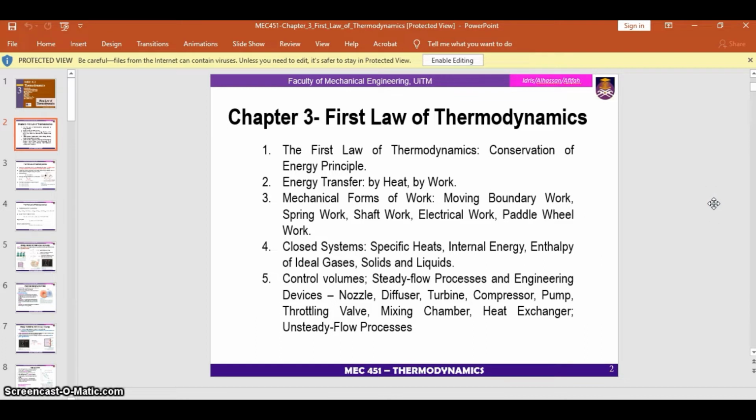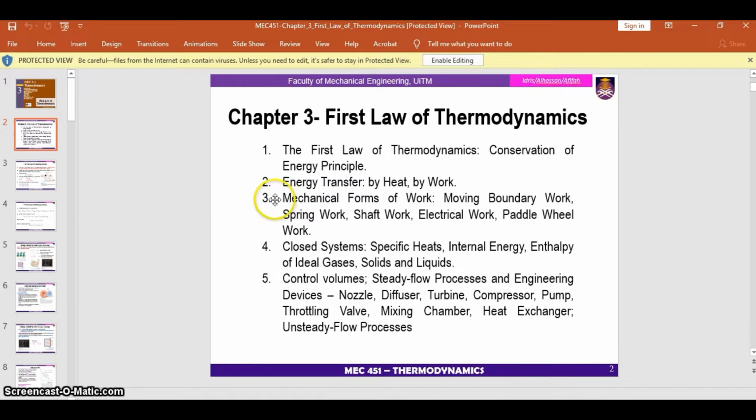What you have all learned is chapter 1 and chapter number 2. Based on chapter number 1, you have also seen the first law of thermodynamics. Here in this chapter, I know you already learned about number 1, and you also already learned about number 2, and a little bit on number 3.